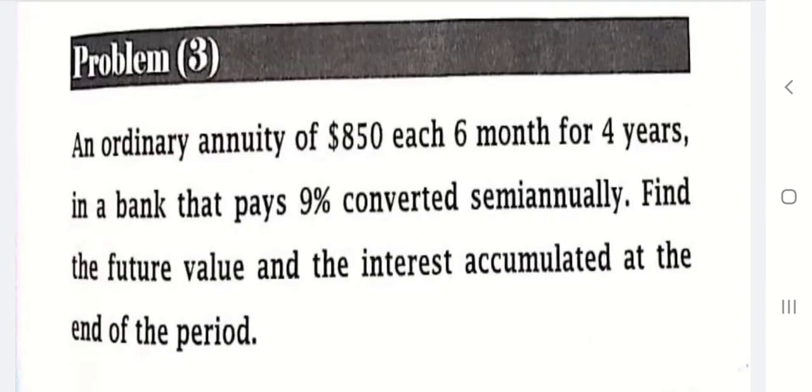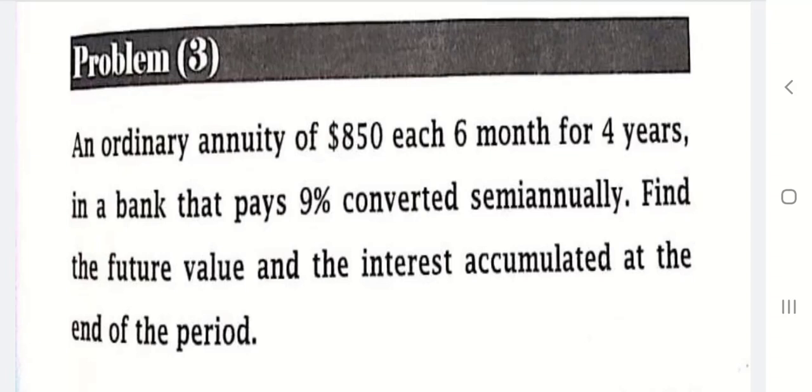Another problem. An ordinary annuity of $850 each 6 months for 4 years in a bank that pays 9% converted semi-annually. Find the future value and the interest accumulated at the end of the period.